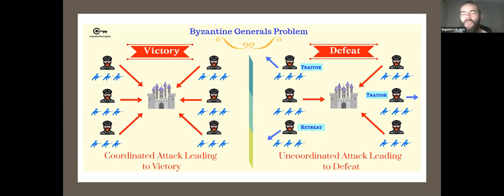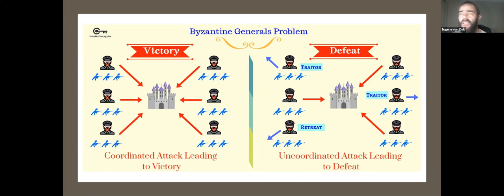The general wishes to have a uniform approach by his lieutenants, because victory can only be achieved if everybody reaches consensus on the action as well as executing the action at the right time. Only once that is achieved can we all execute and achieve victory.